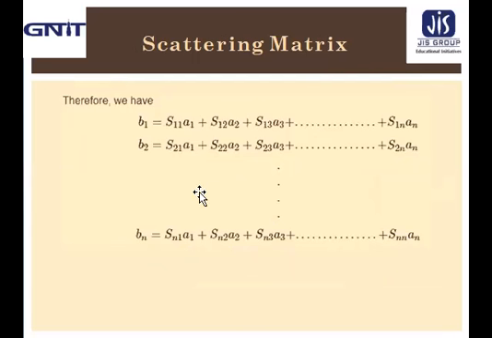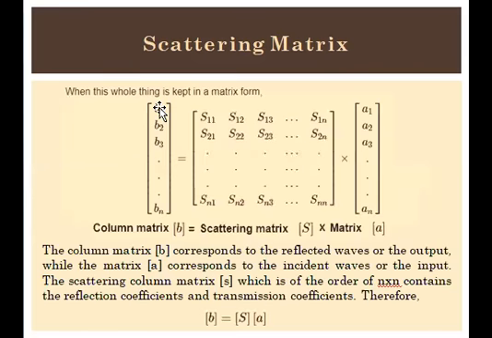And if the whole thing is kept in a matrix form, then we can write it like this: B1, B2, B3 up to Bn, that is the column matrix for B, equal to the scattering matrix S, that is S11, S12, S13 up to S1n, next S21 up to S2n, and Sn1 to Snn, multiplied by the next matrix A, that is A1, A2, A3 up to An.